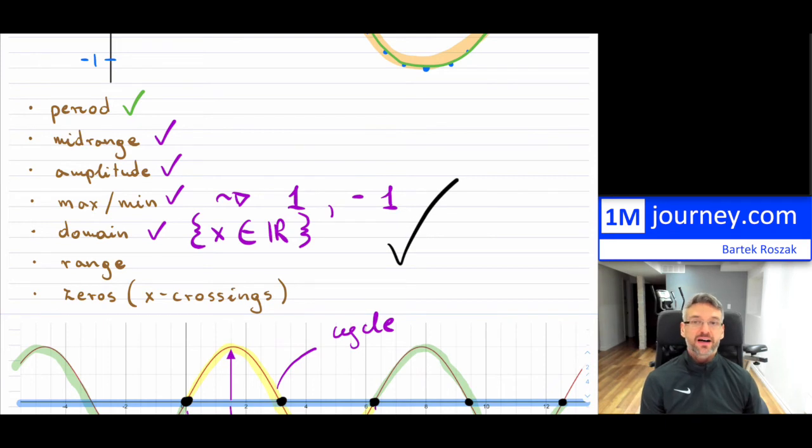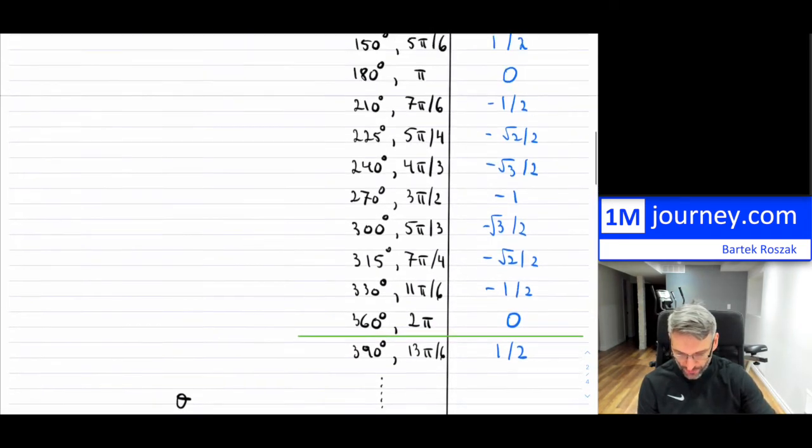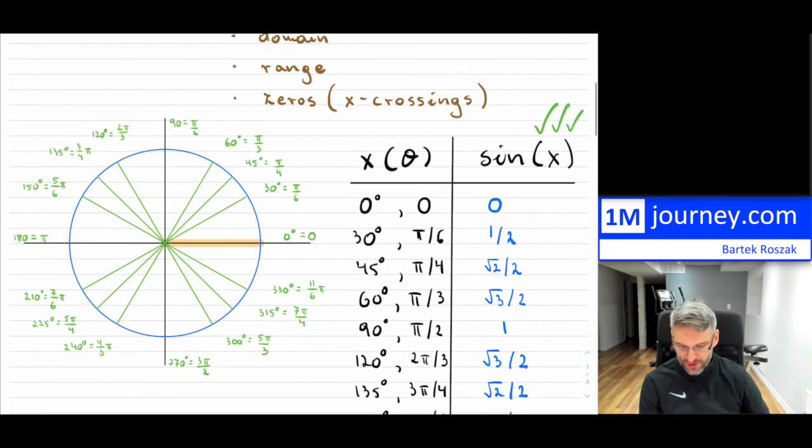Now, how does sine differ from cosine? Well, remember that if you go back into your unit circle, sines and cosines actually had the same values, right? Except that your cosine in the beginning started off at 1.